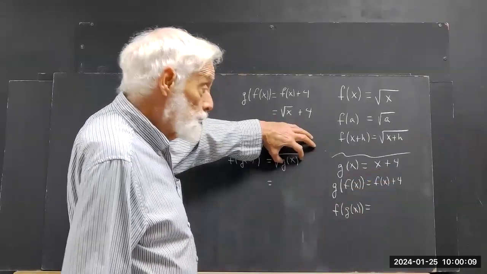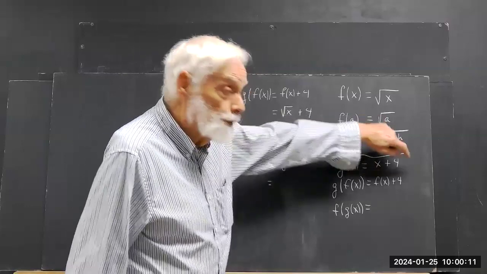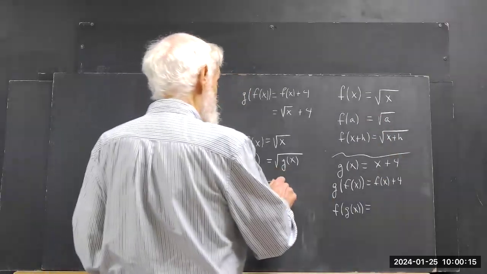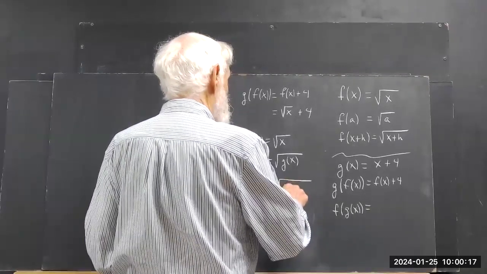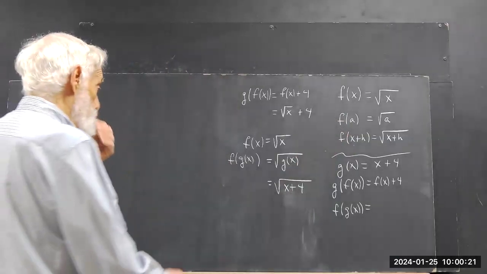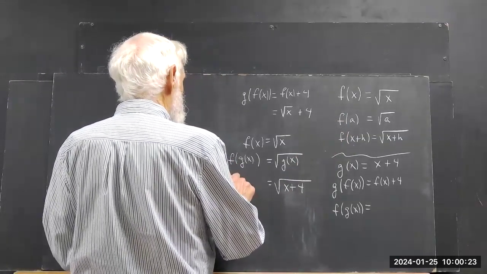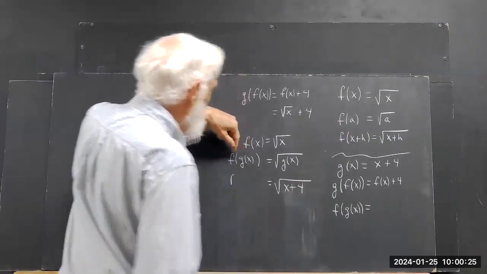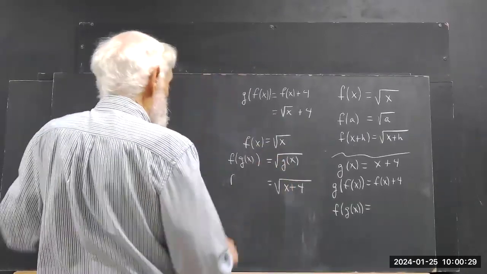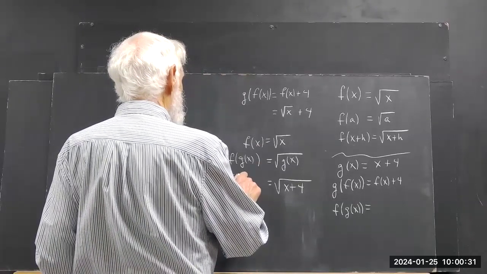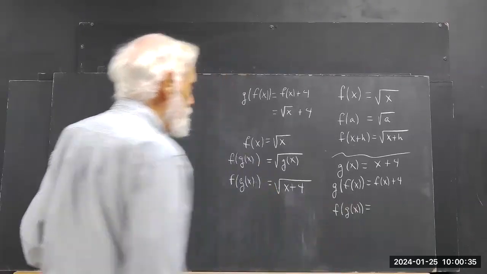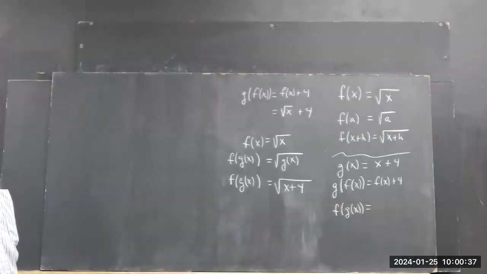So wherever we see g of x, we can always write x plus 4. Now it's perfectly, I mean, it's implicit that this equals this equals this. Let's just write it out really explicitly now. f of g of x equals the square root of x plus 4.